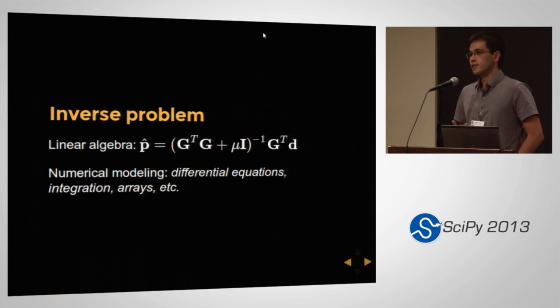As I said, this is an inverse problem, so it involves a lot of linear algebra like that. If anybody's familiar with machine learning, you've probably seen this equation before. This can get very big very fast when you have a million or more model parameters.